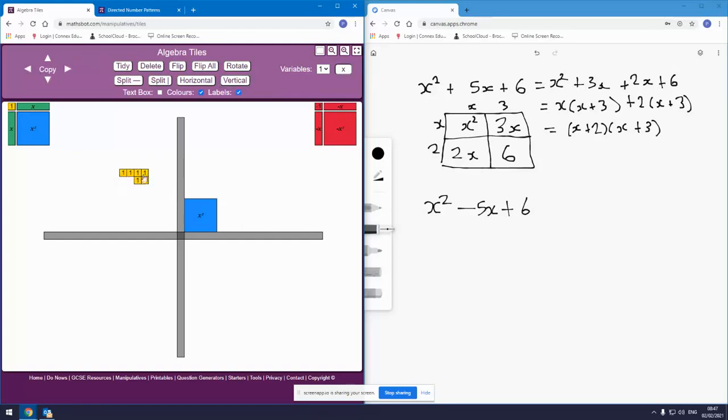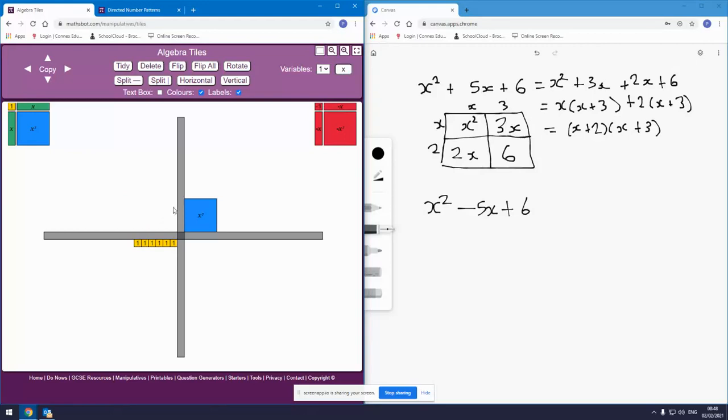But where does this 6 go now? Well, if I put it up here, then I'm going to have to fill these gaps with positives, but I've only got negative x's. So actually what I'll need to do is to put these down here. And again, the big question is whether I'm going to put this as a 1 by 6 rectangle or as a 2 by 3 rectangle.